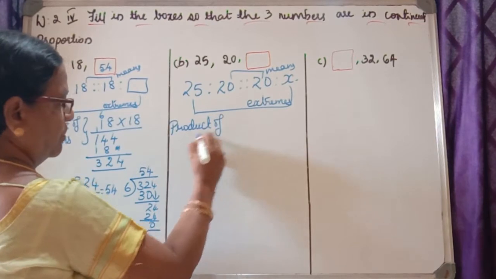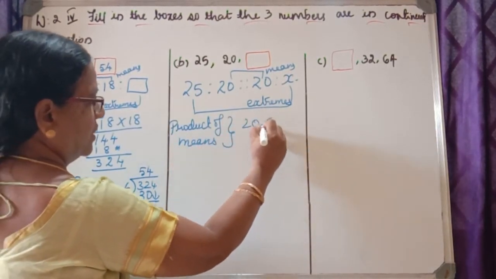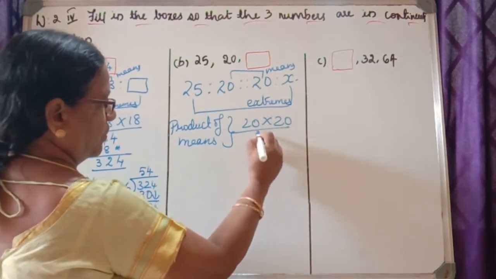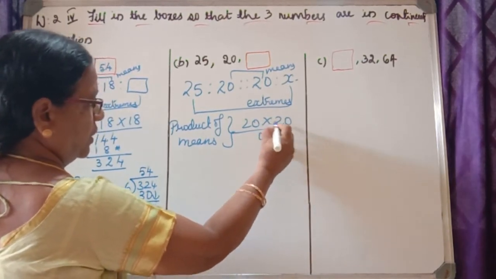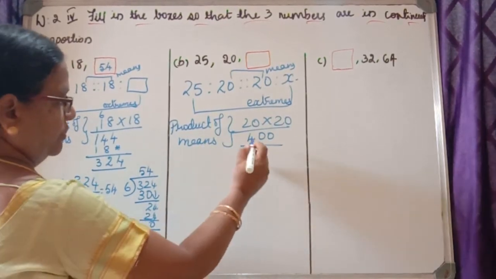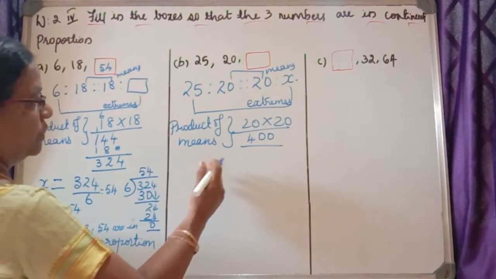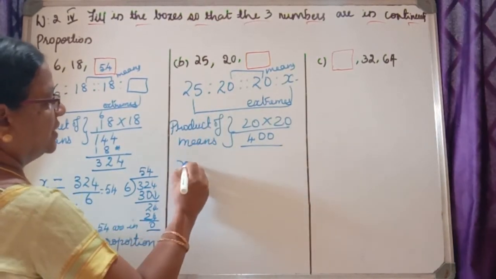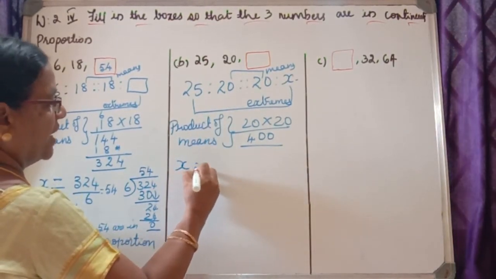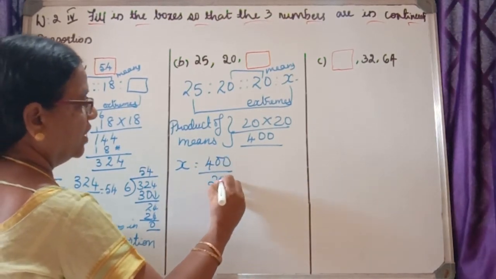Product of means is equal to 20 into 20. Put both the zeros. 2 2s are 4. Product of means is equal to 400. Now we'll find the other term of the extremes. What do we have to do? The other term in the extremes is x. x is equal to 400 divided by 25.